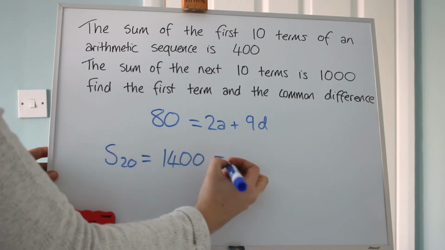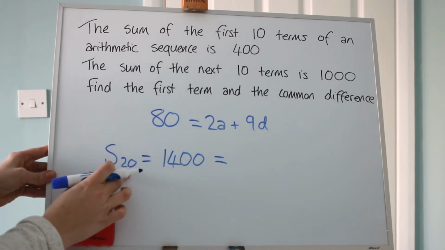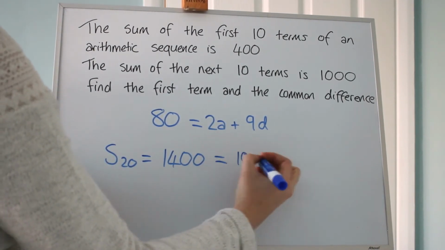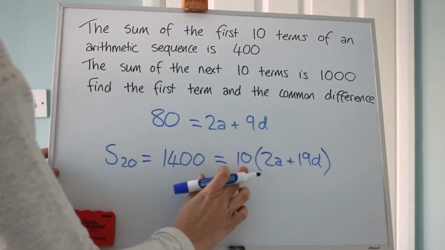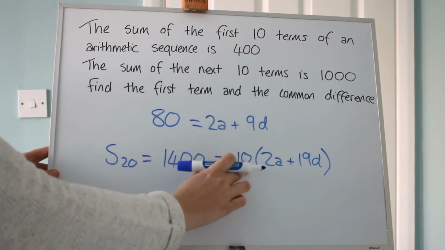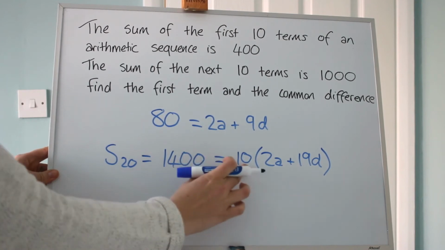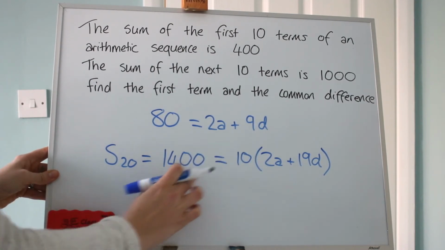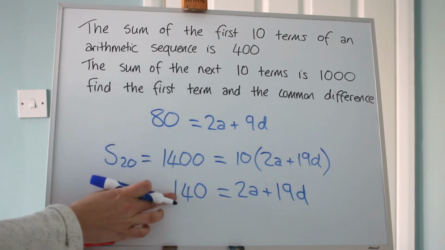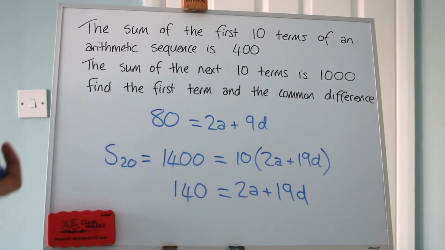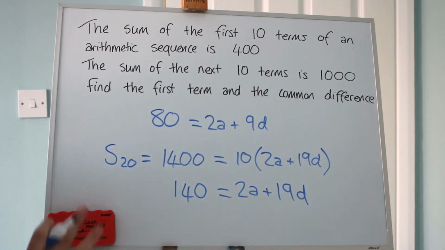So we're going to do the expression here for S20. Have a go. That's 20 over 2 at the front, which I've simplified, and again we can divide that down onto that side. So here we've got our two equations and we need to solve them simultaneously. Do have a go at doing that in whatever way you like.